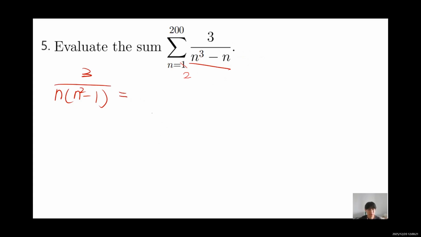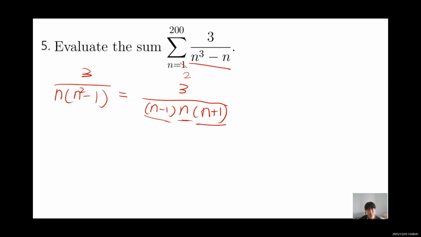And we can continue: n minus 1 and n plus 1. Oh, here are three factors. We haven't seen that. What should we do?